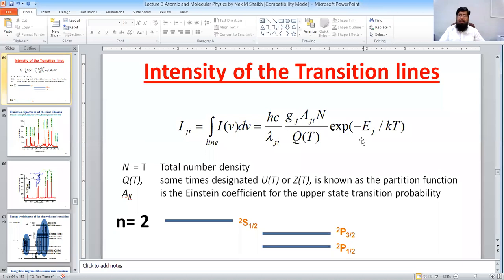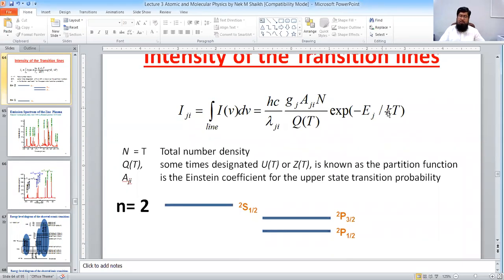Ej is the energy of that level, k is the Boltzmann constant and T is the temperature. This means the intensity of the photons from that particular level depends upon these parameters. This is the empirical formula.